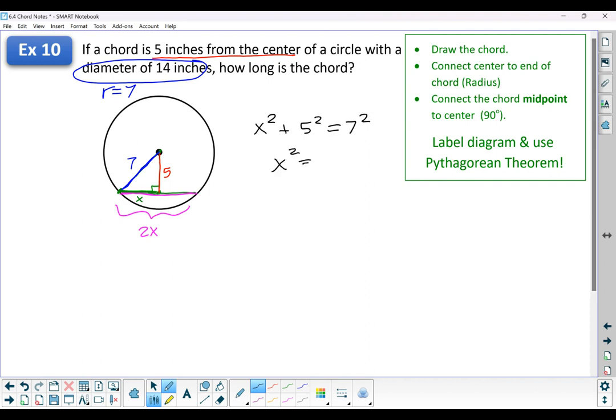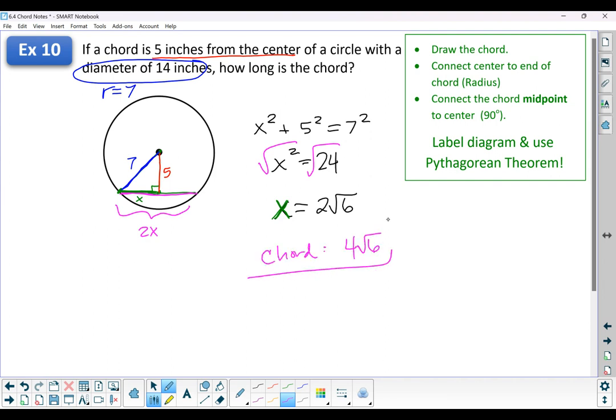We're going to subtract the 5 squared from both sides to get 24. And now we can apply the square root to get 2 root 6. So that would be just the x. That's just the green part, the leg of the triangle. So to get the whole length of the chord, we need to double it. So the chord would be 4 root 6.